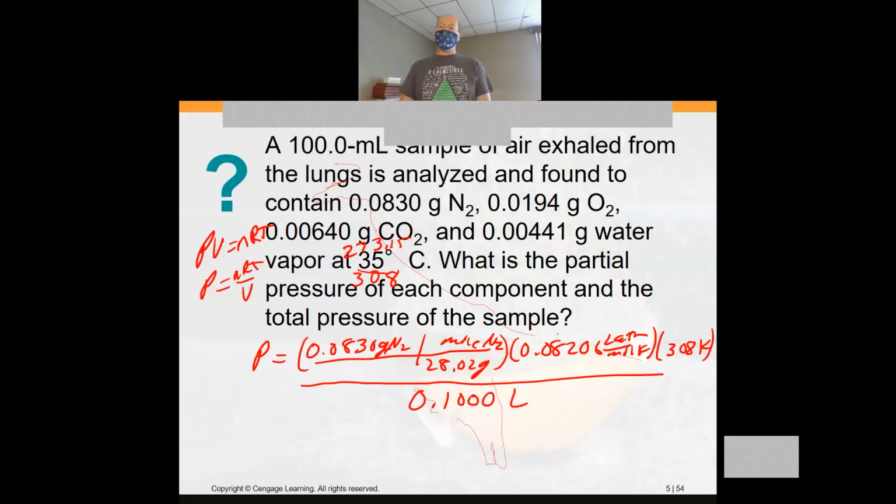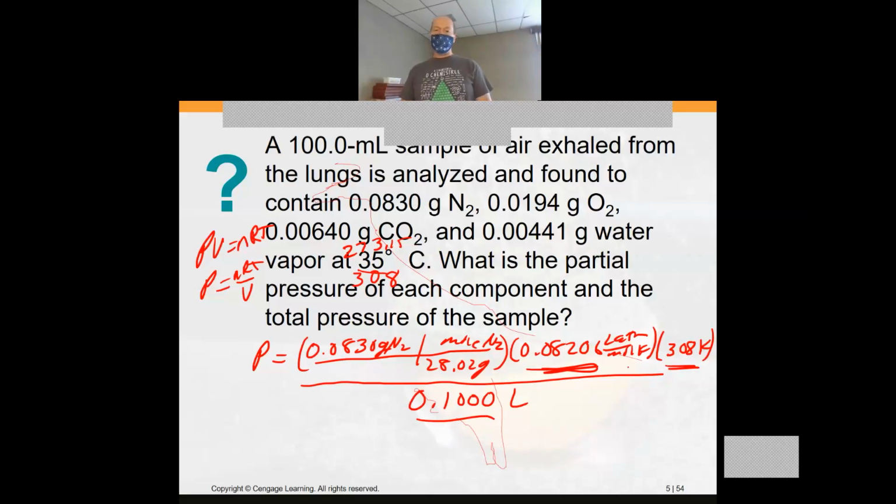This number is a constant, it's always the same. We have the same gases in the same container, a 100 mil flask, so they all will have the same volume.